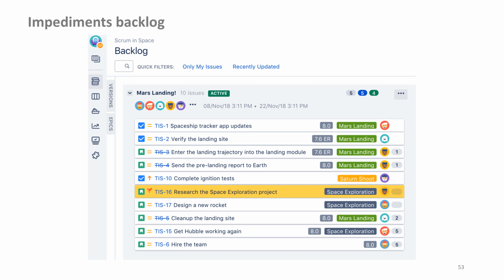Unfortunately, there are also obstacles. Every now and then, the team may encounter obstacles that prevent or delay the execution of work. These should be made visible and removed. If the team cannot solve them themselves, then the Scrum Master comes into play.